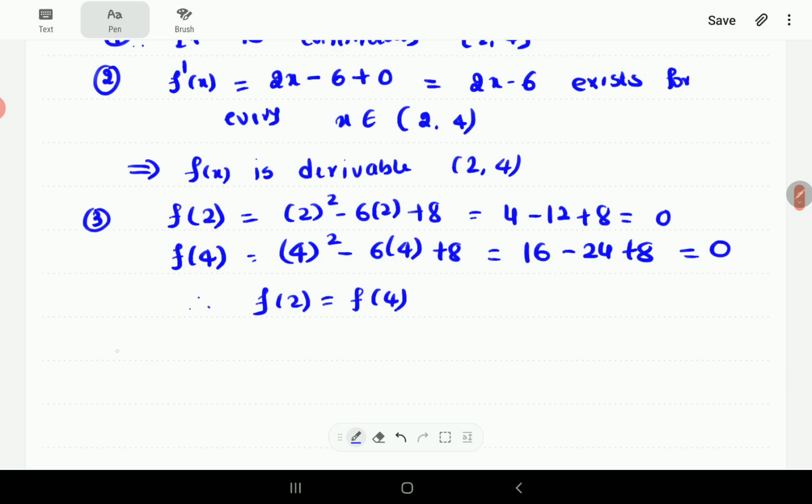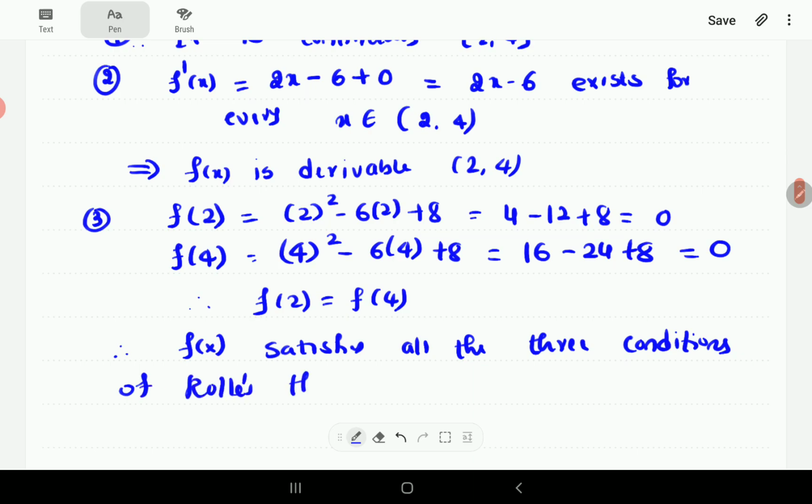Hence we can write here, therefore f of x satisfies all the three conditions of Rolle's theorem.